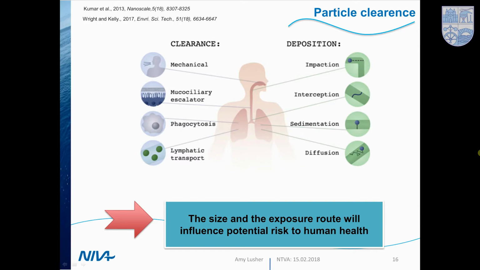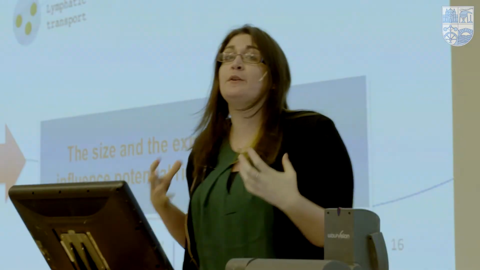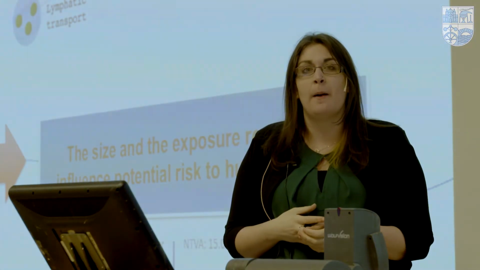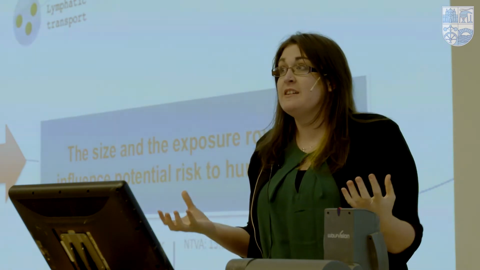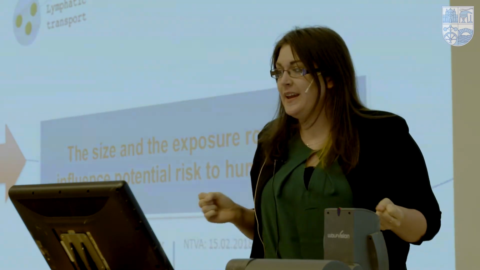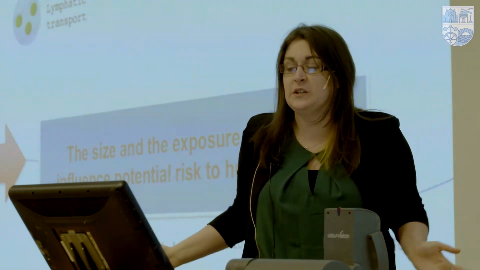Phagocytosis is when cells take in the particle to remove it from the situation. And also we have lymphatic transport, again, to remove particles. So the body is very capable of dealing with materials that it doesn't want, so it has the opportunity to remove it.